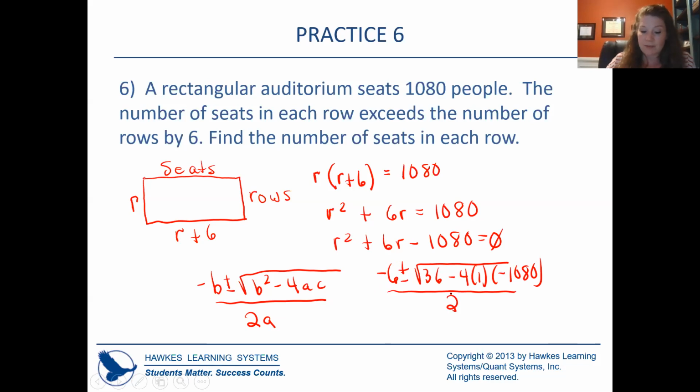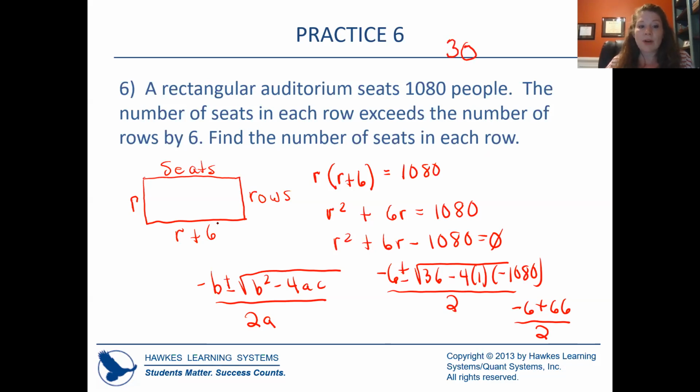So I'm going to find the square root of 36 minus 4 times 1 times negative 1080. The square root of that number is 66. So we're going to do negative 6 plus 66, which is positive 60, and half of positive 60 is 30. So one of our numbers is 30.